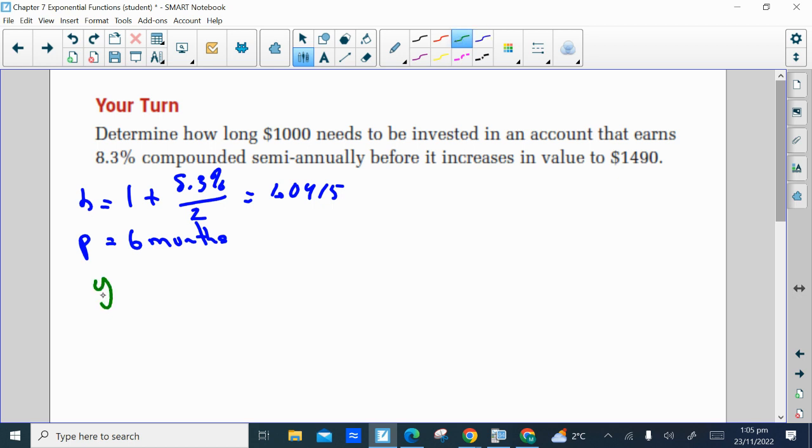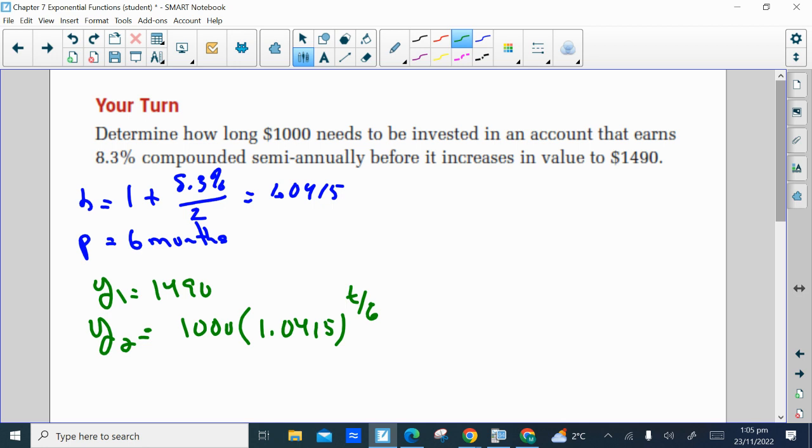Our first graph, Y1, will be the 1,490. Our second graph will be for the equation: principal times 1 plus I to the power T over 6. So remember, A represents the initial amount, which is 1,000.